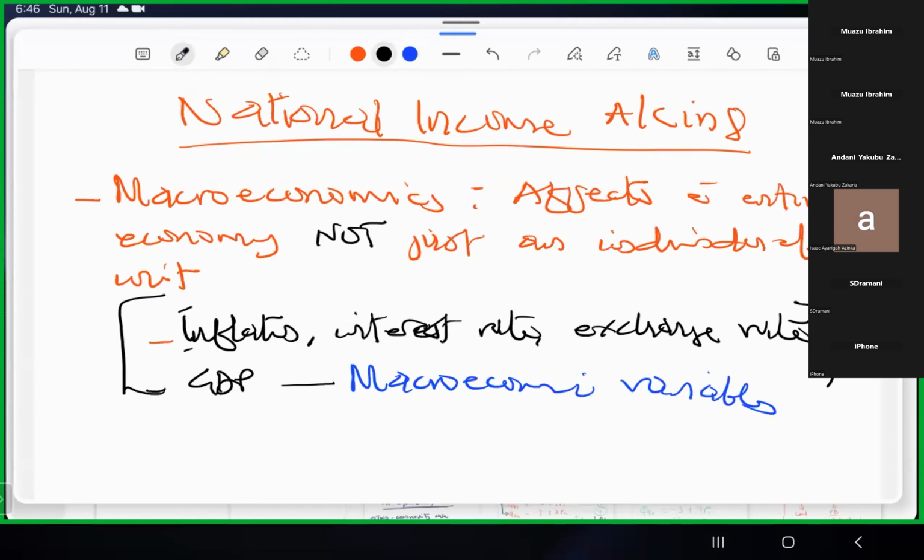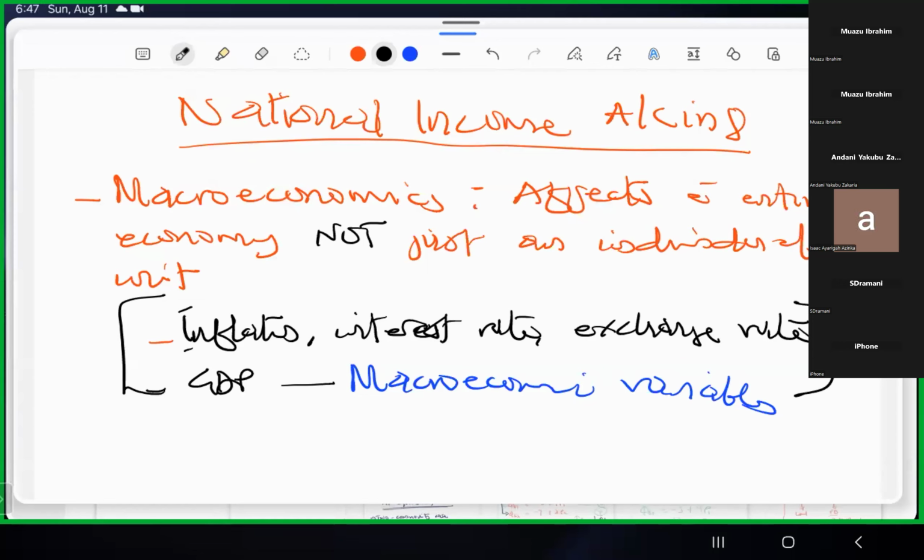So, for instance, at the macro level you cannot have inflation for only you as a person, maybe inflation for Andani, or inflation for Humu, or for Asia, or for Abu, or for Kofi. No, if it is an inflation rate, it's an inflation rate for everyone.